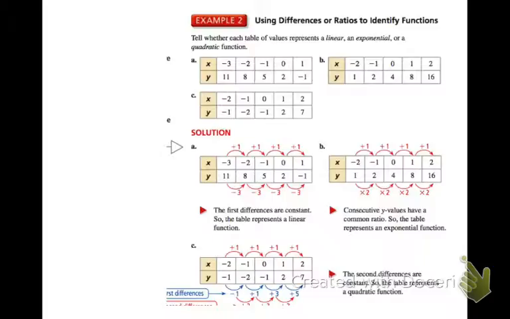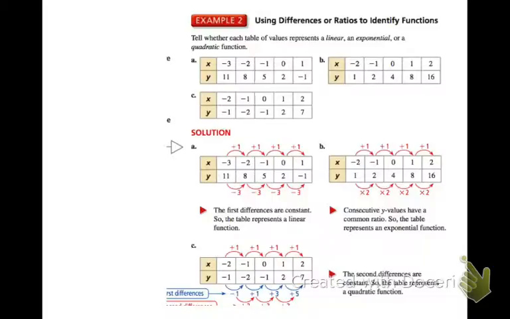And for A, the y values are decreasing by 3. Since that's a common difference and it's the first difference, it's a linear function. So we could write that function in slope-intercept form. For part B, the consecutive y values have a common ratio. So the table represents an exponential function.